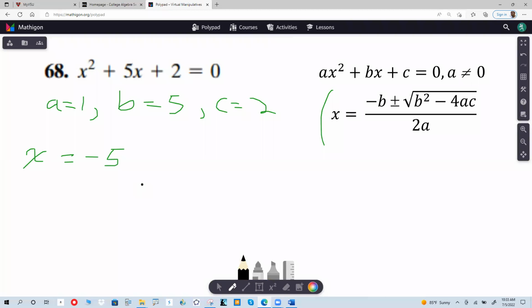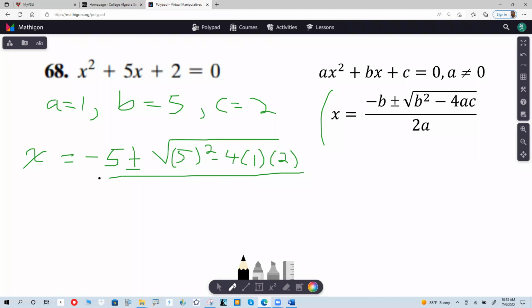All right, b is 5, but this minus sign is here, plus minus the square root of b squared, 5 squared, minus 4, a is 1, c is 2. Divide the whole thing by 2a. A is 1. And I'm going to check it before I mess up. Okay, I don't think I messed up.